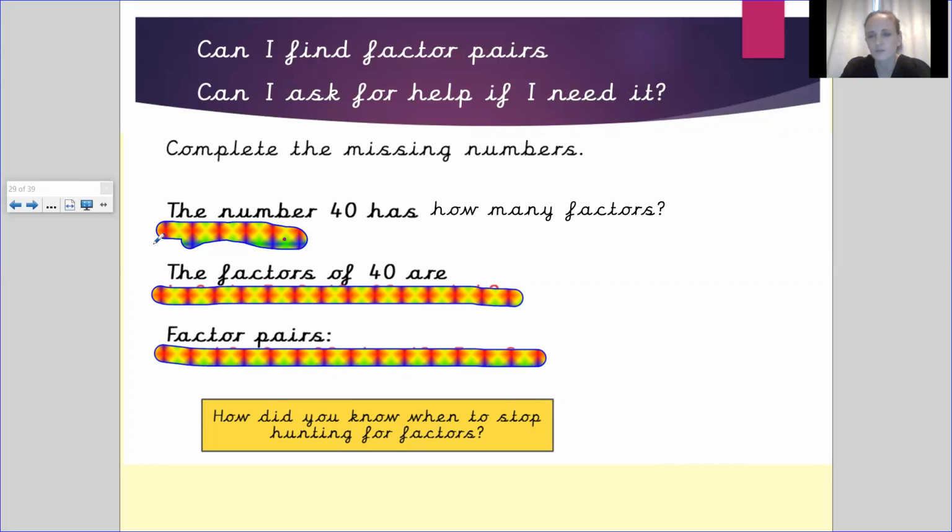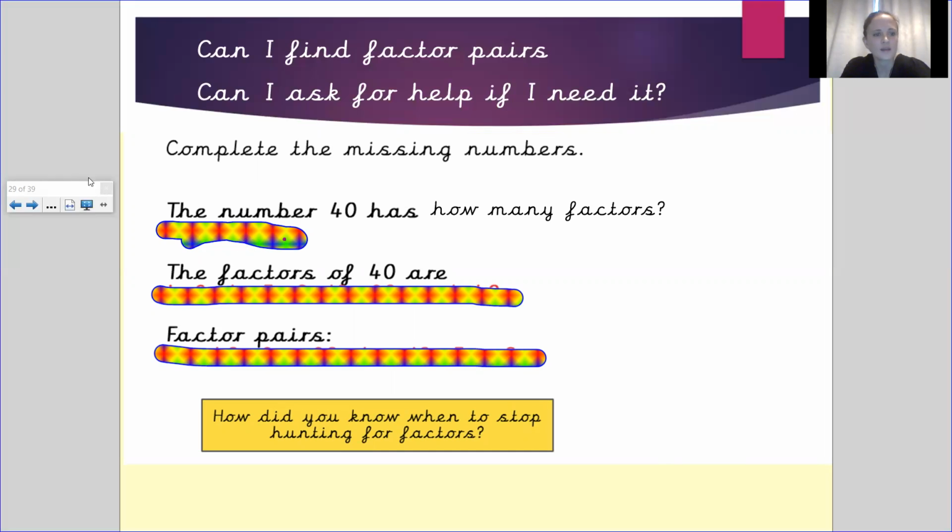So give that a think. Then, once we have done that, I want you to write down the factors of 40, and then we will look at our factor pairs. So I'm going to pause the video now and do that, and then we will go through the answers.